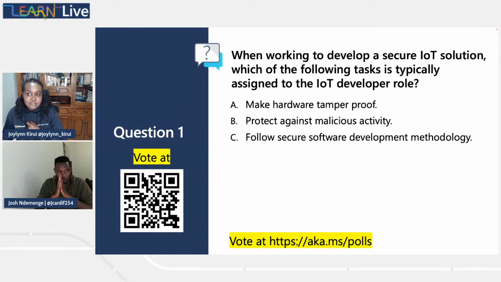When working to develop a secure IoT solution, which of the following tasks is typically assigned to the IoT developer role? Remember we covered people tasks. The first one is make hardware tamper-proof. The second one is protect against malicious activity. And the third is follow secure software development methodology.